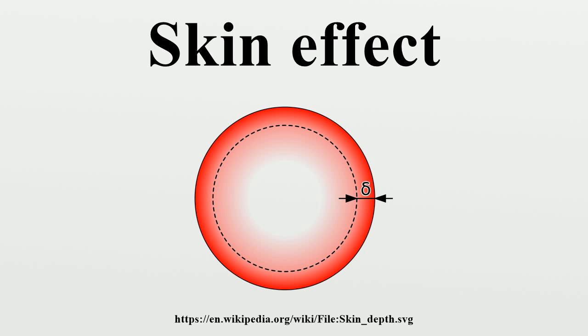Litz wire is often used in the windings of high-frequency transformers to increase their efficiency by mitigating both skin effect and proximity effect. Large power transformers are wound with stranded conductors of similar construction to Litz wire, but employing a larger cross-section corresponding to the larger skin depth at mains frequencies.